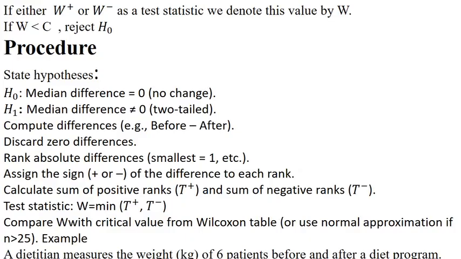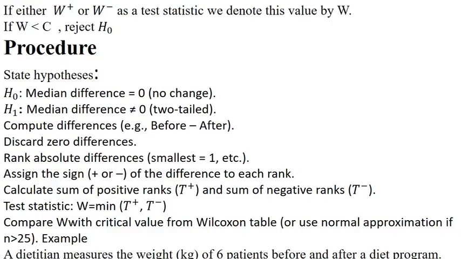Then we compare our W with the critical value from the Wilcoxon table, or we can use normal approximation if our n is greater than 25. But where our n is less than 25, we use the critical value from the Wilcoxon table.